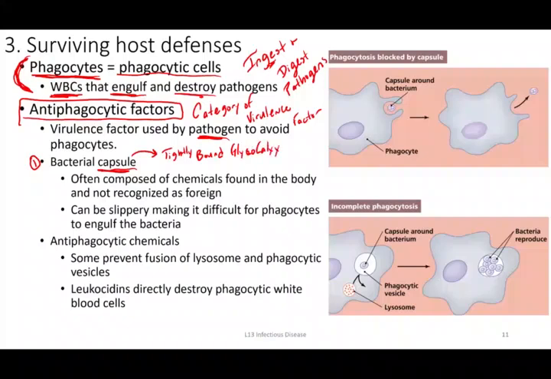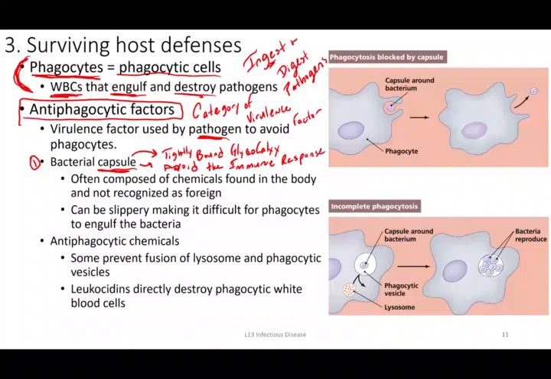We contrast that with the slime layer that's more loosely attached. And we also said capsules allow bacteria to avoid the immune response.